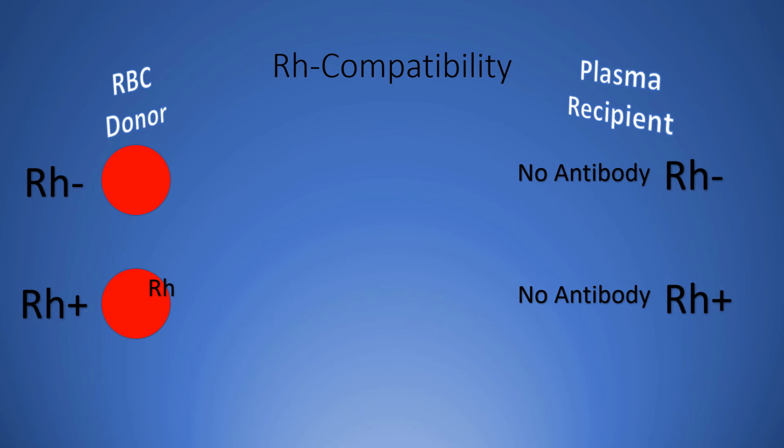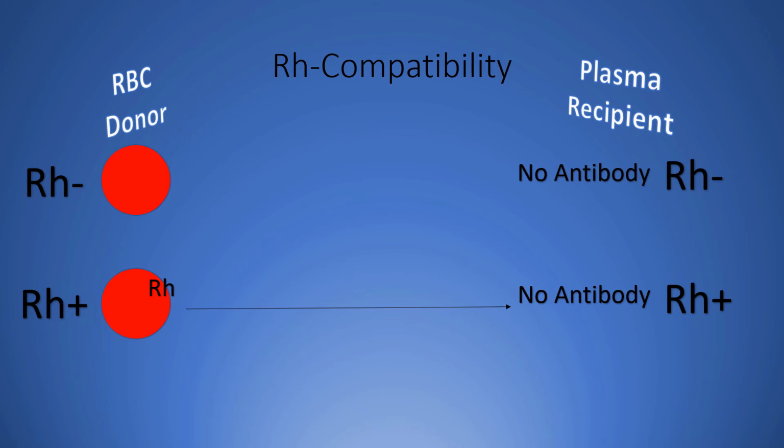Now let's look at Rh compatibility. On the left we have donor red blood cells, and on the right we have plasma of the recipient. Rh negative red blood cells can be transfused to either Rh negative or Rh positive recipients. Rh positive red blood cells can only be transfused to Rh positive individuals.